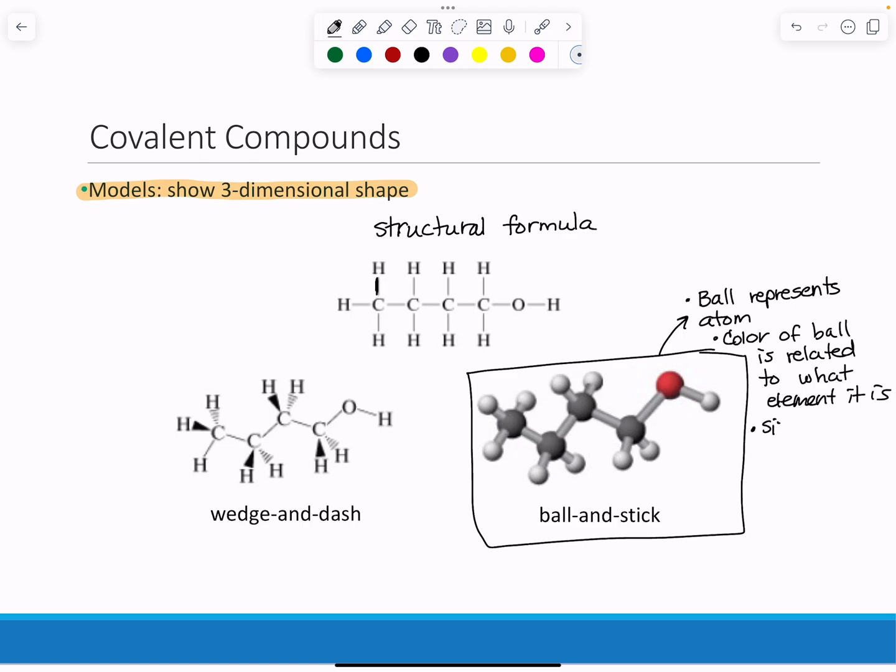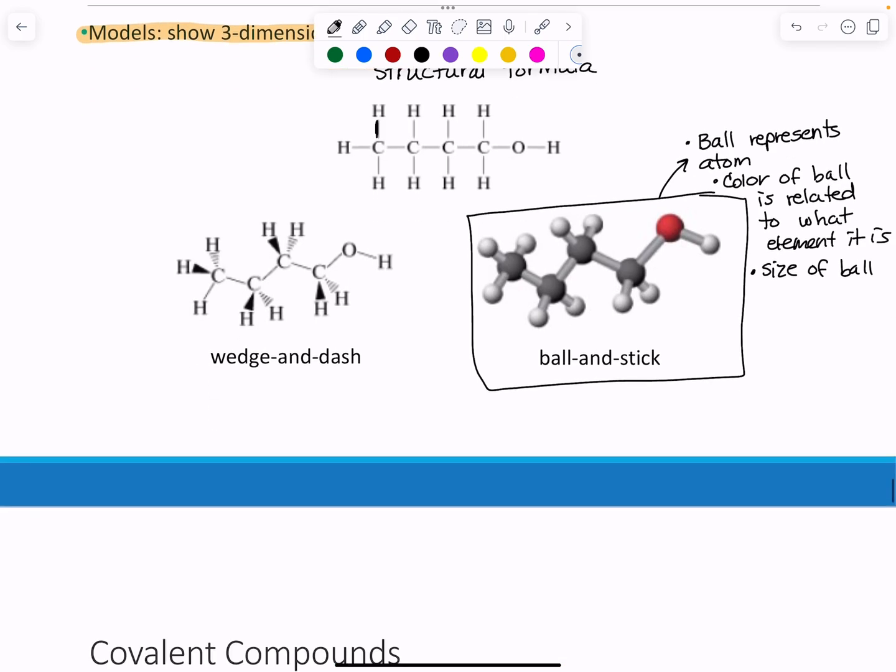The size of the ball is related, it's scaled by how big the atoms are. And then the sticks represent the bonds.